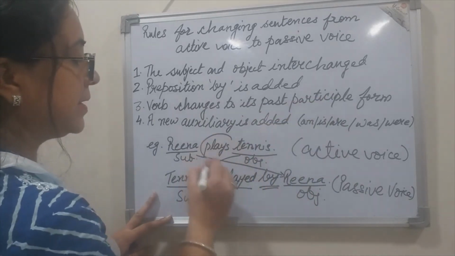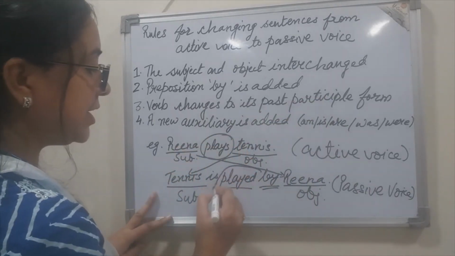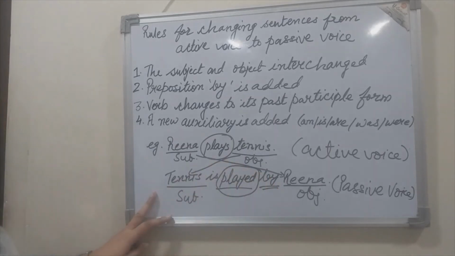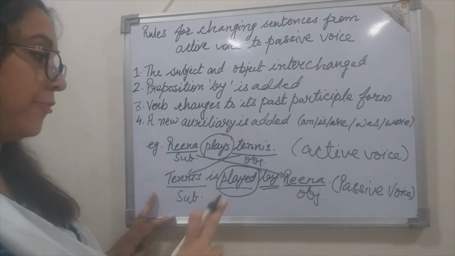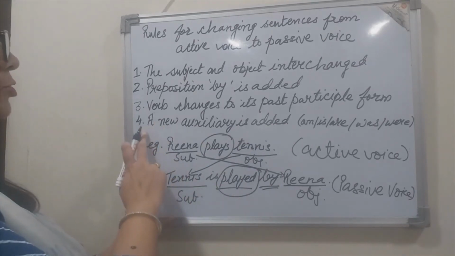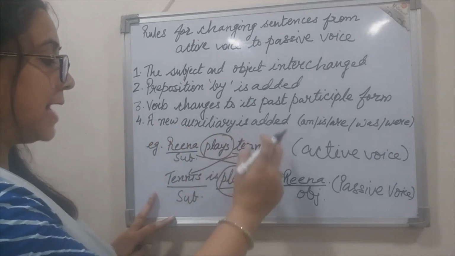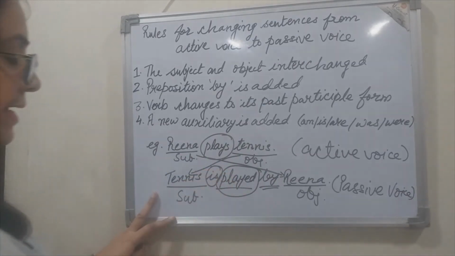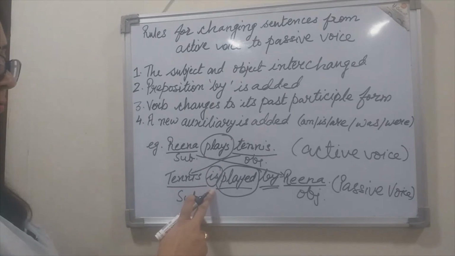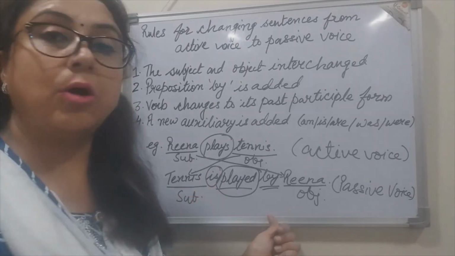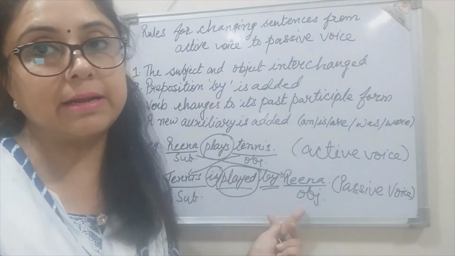So, the verb here, "plays", has changed to the past participle form. That is, play, played, played. The third form of the verb. And the fourth rule, a new auxiliary is added. So, this auxiliary is added over here in passive voice. I hope all these 4 rules are clear to all of you.